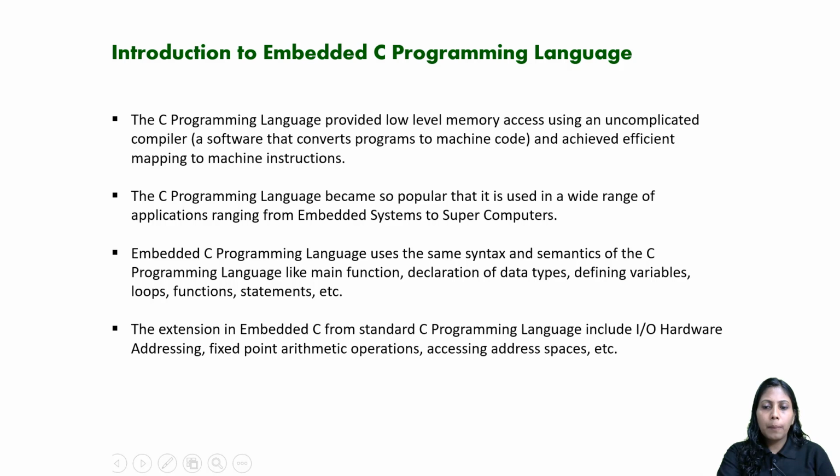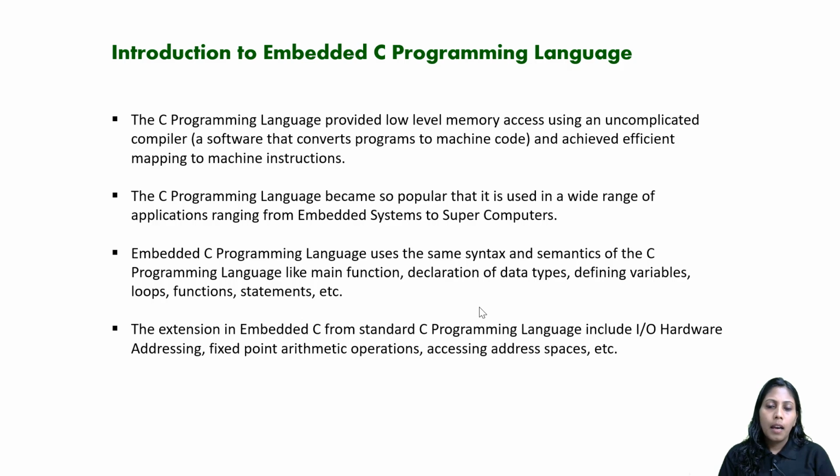Embedded C uses the same syntax and semantics as normal C: the main function, declaration of data types, defining variables, loops, functions, statements, structures, and unions. All these concepts are the same, but we are writing this code for a particular hardware.